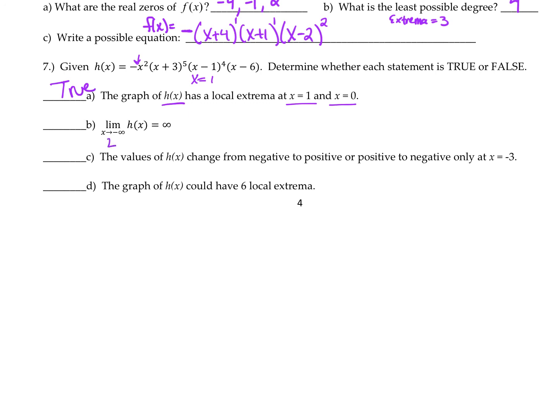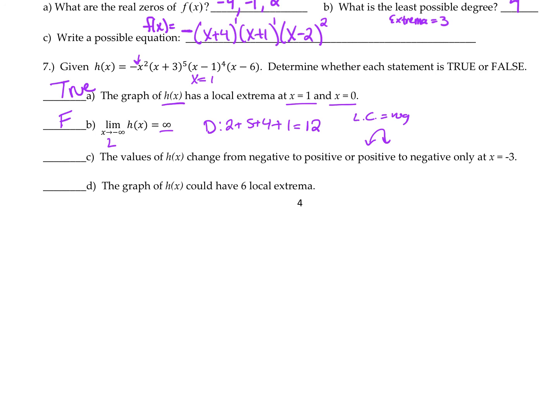Saying as x goes left, the function's going to go positive. Okay, well, what's the degree? 2 plus 5 plus 4 plus 1. So it's a 12th degree, meaning that both my arrows have to go the same way. If the leading coefficient is negative, that means they're both going to go down. So as I go to the left, this would actually be negative, so this is false.